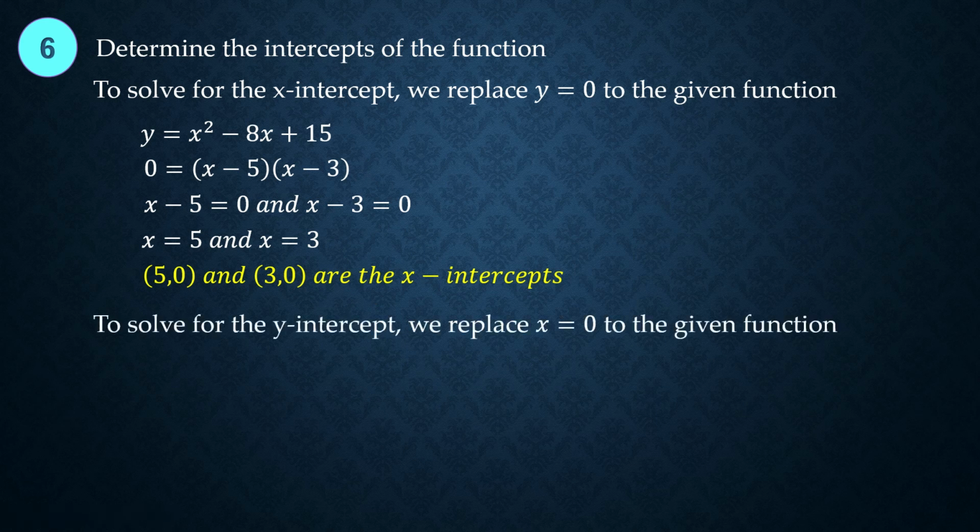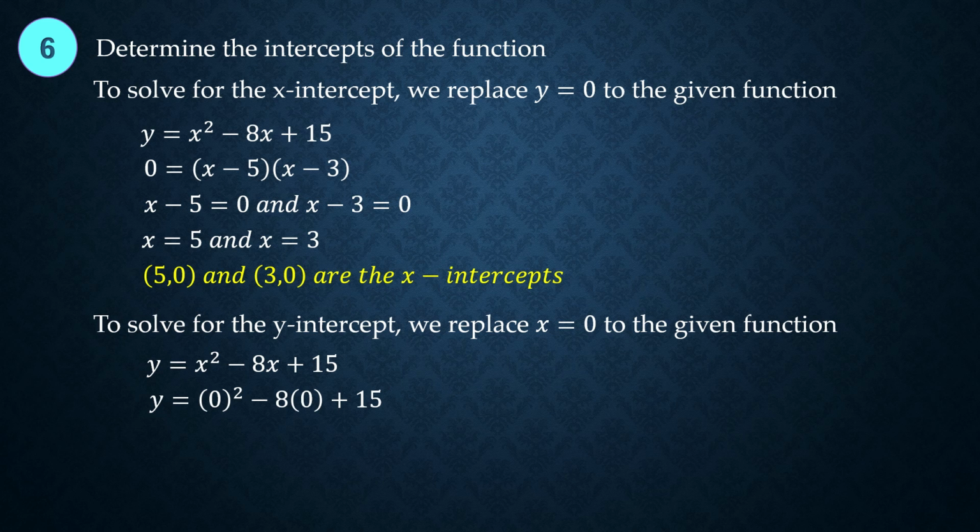To solve for the y-intercept, we replace x by 0 in the given function. So reversed instead, y-intercept, value of y when x is 0. Y equals x squared minus 8x plus 15. Replace x with 0. So y is equal to the square of 0 minus 8 times 0 plus 15.